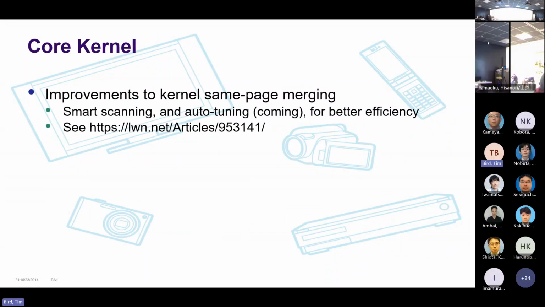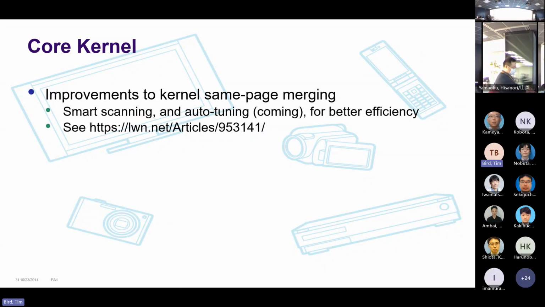In terms of the core kernel, the main thing I saw here was kernel same page merging. I'm not sure how much this is used in embedded, but this is a system that allows you to run a kernel using less memory. Same page merging means that the kernel will automatically find pages that have the same data in them, and create virtual pages that map to the same physical page, and that reduces physical memory footprint.